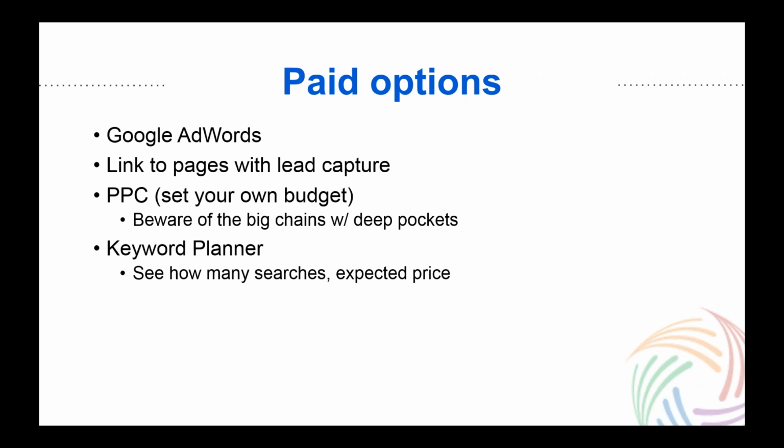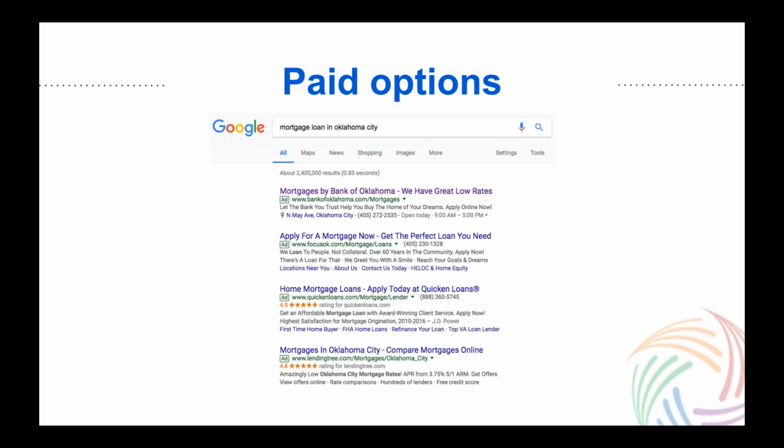So if you wanted to just target your very local area, you could do that, and there will probably be less competition from those big mortgage chains if you target it that way. There's tons of resources for this online that you can go look up and find out how to do it. But to be honest, personally, I would recommend having somebody run that for you that has experience there, because there is a little bit of a learning curve.